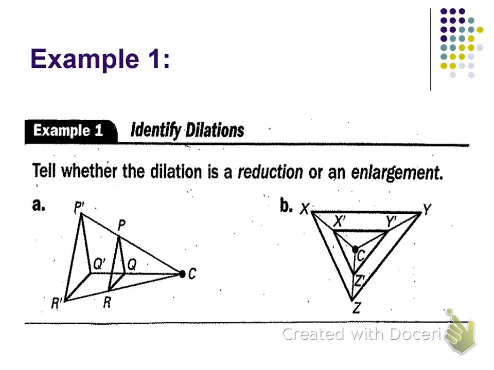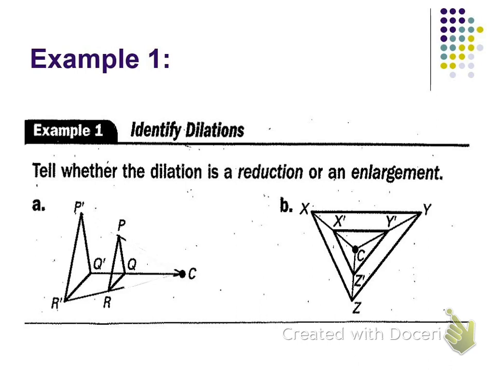we just have to decide if the dilation is a reduction or an enlargement. Now, in my opinion, they add too many lines here, and it makes it look a little more confusing, especially on letter B. So we don't really need these extra lines that they drew right now to connect things.